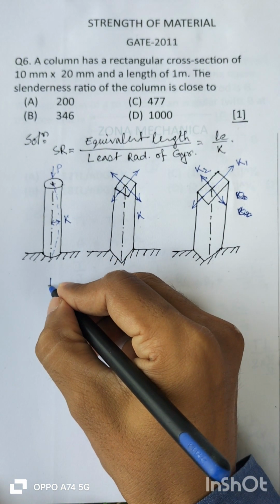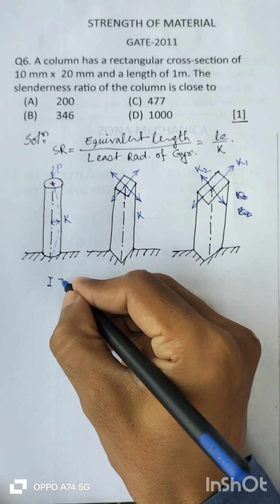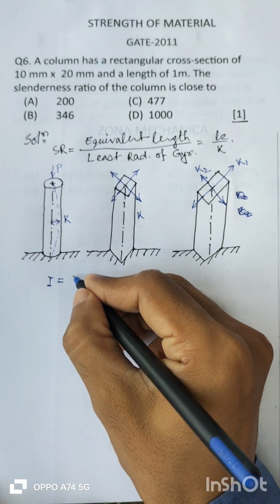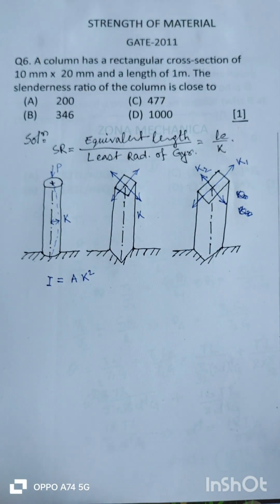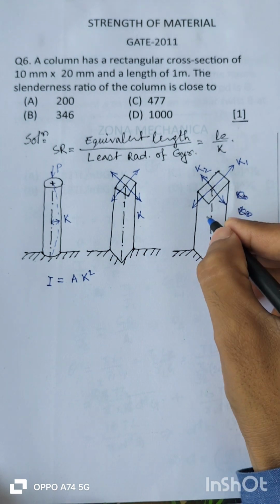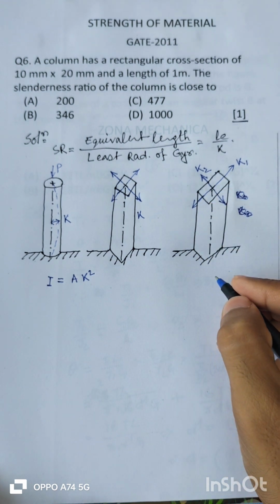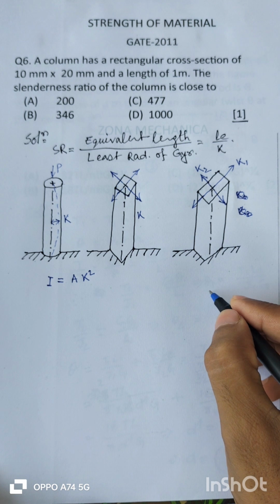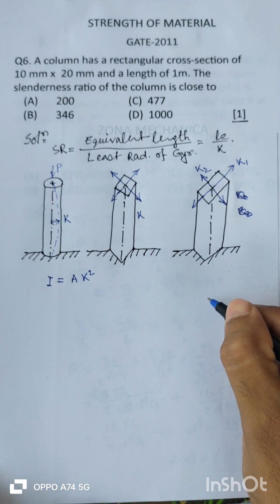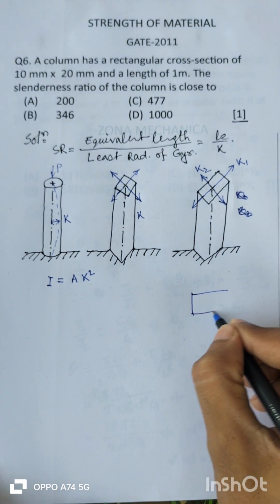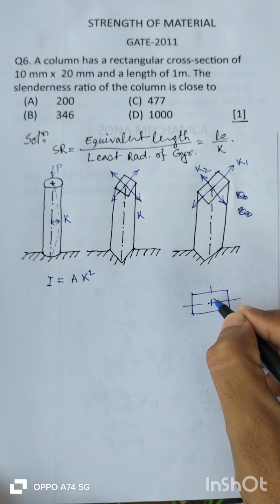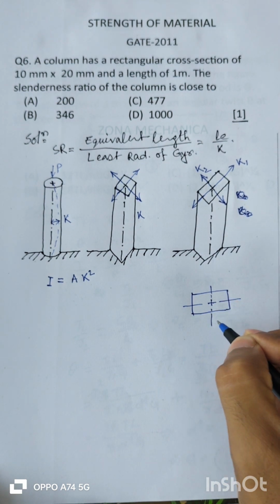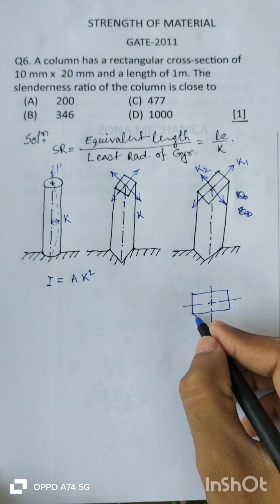So what is the expression for radius of gyration? We have a relation with moment of inertia. That moment of inertia I is equal to A into K square, where A is the cross sectional area. If we draw here the cross section, suppose this is my major axis and this is my minor axis.